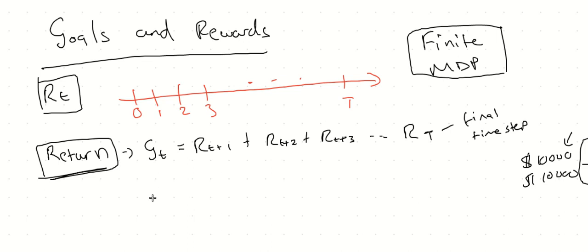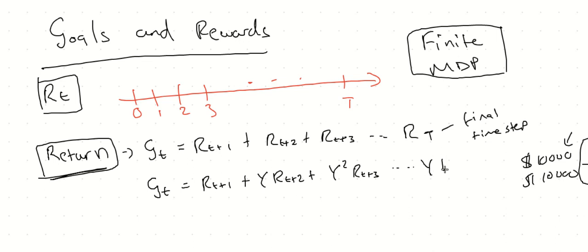And for discounting those rewards, we essentially redefine our G_t to be equal to R_{t+1} plus gamma R_{t+2} plus gamma squared R_{t+3}, all the way up to gamma to the power T minus t minus 1 times R_T.